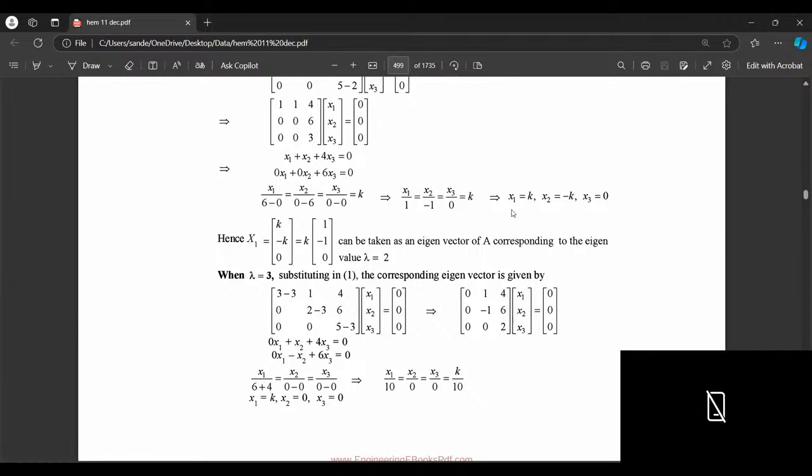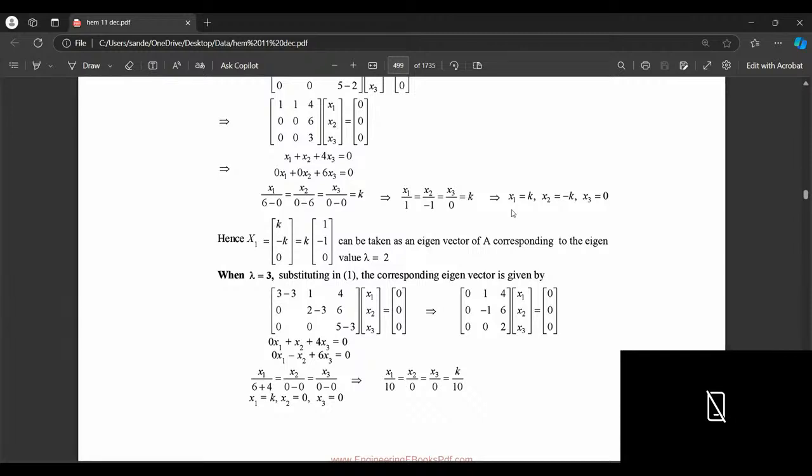Again, using Cramer's rule, you have x1 divided by the determinant (1, 4; minus 1, 6), which is 6 plus 4, then x2 divided by the determinant (0, 4; 0, 6), and x3 divided by the determinant (0, 1; 0, minus 1).